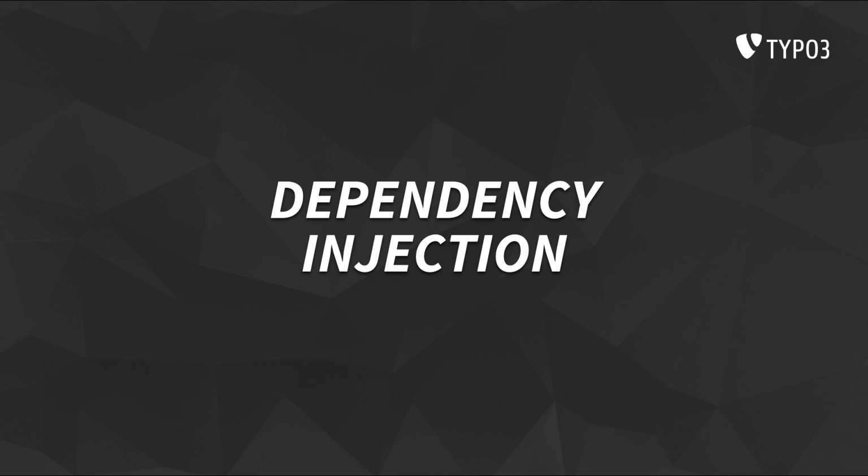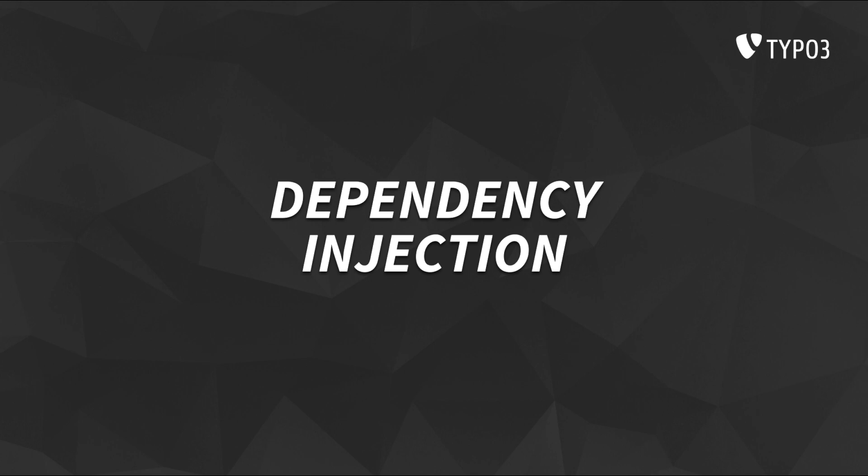I want to avoid going into too much detail here because there's really a lot of stuff you can do with the dependency injection container, and we just have a bit of time left, and this would be a whole talk in itself. But let's at least look at an example of where to find the DI configuration in the TYPO3 core and how it's used.